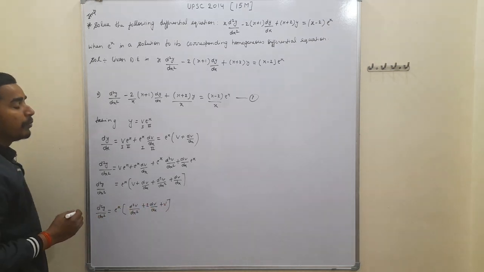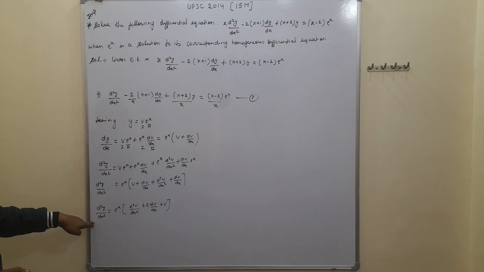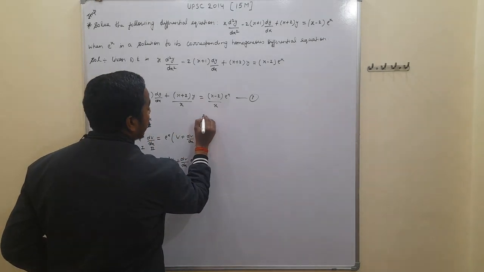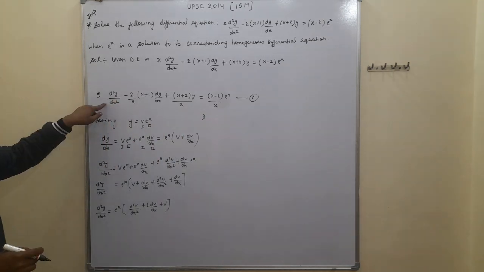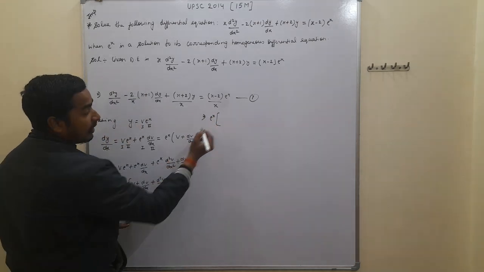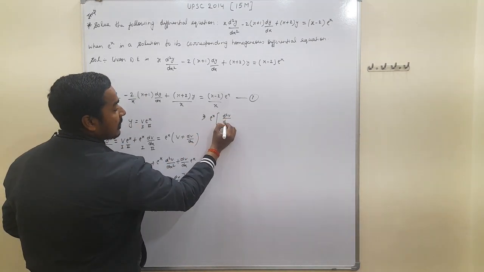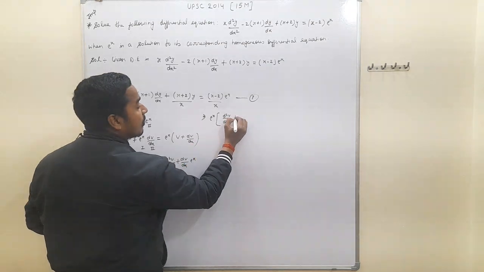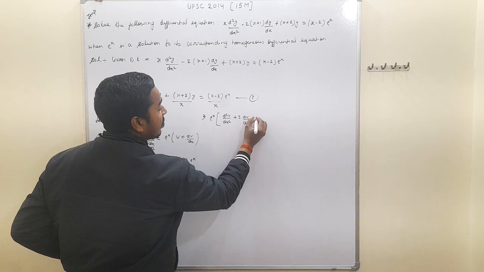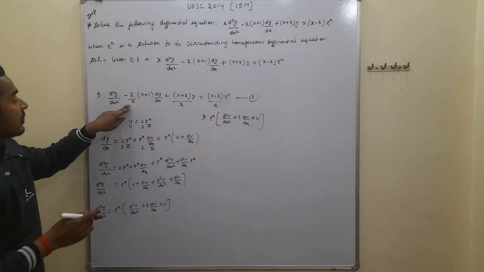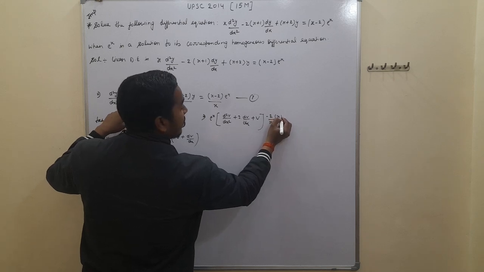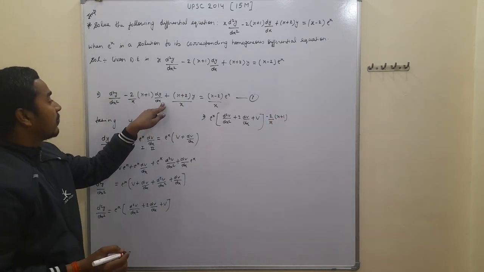We have to put the value of dy by dx and d2y upon dx2 in the differential equation 1. So in place of d2y upon dx2, we put e to the power of x into d2v upon dx2 and plus of 2 dv upon dx and plus of v, and here minus of 2 upon x into x plus of 1, and again we put the value of dy by dx.